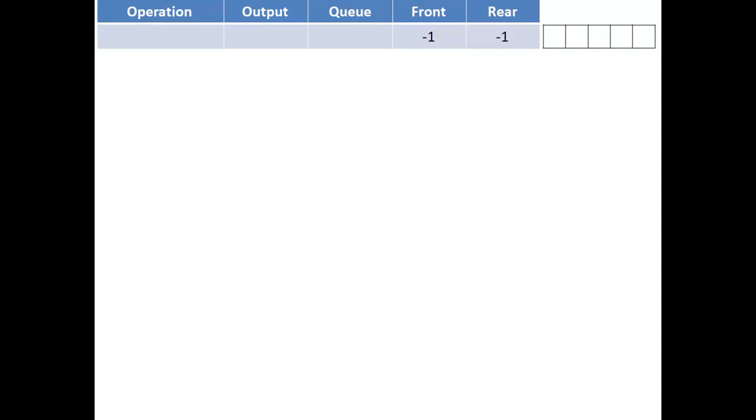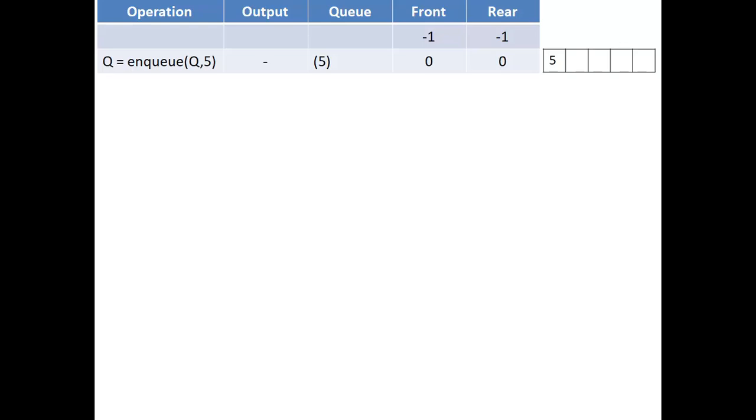Initially, the front and the rear pointers both are initialized to -1. Enqueuing 5 will increase both the pointers by 1. So now front and rear both are at index position 0.